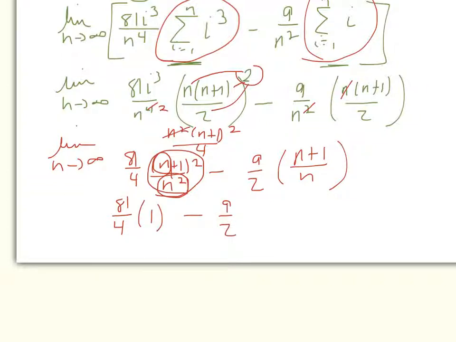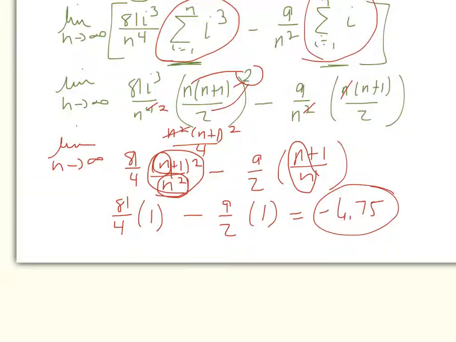Similarly, this is 9/2, and so leading coefficients agree here as well, and they're both 1, so that's times 1. And so I just have 81/4 minus 9/2, and if you do that on your calculator, you get negative 6.75. So that would be the exact area under the curve.